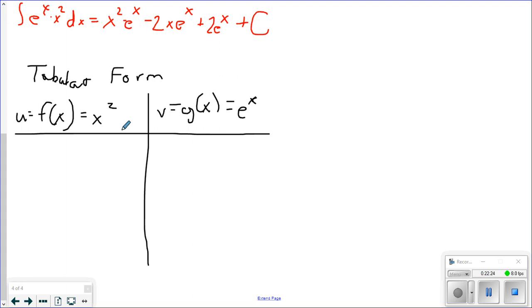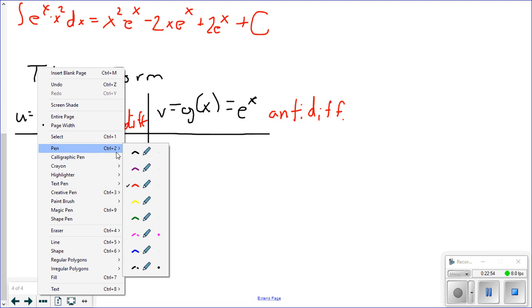So here we're going to differentiate for the u column because that's what we do. And then for the v column, we're going to anti-differentiate. All right, let's see what we have here.